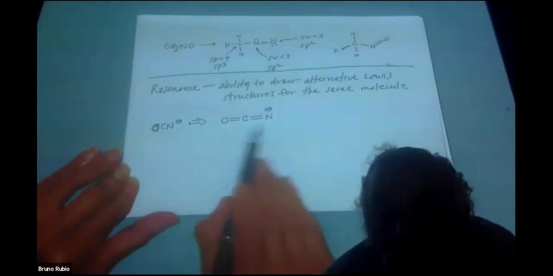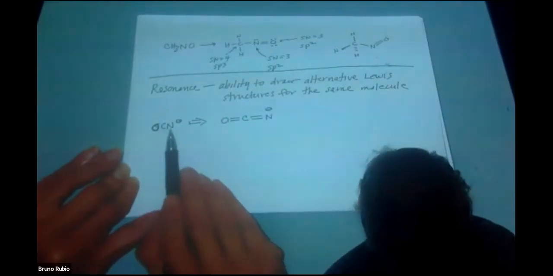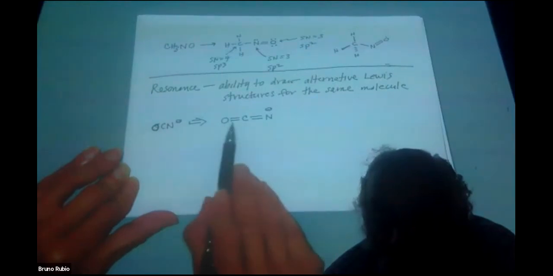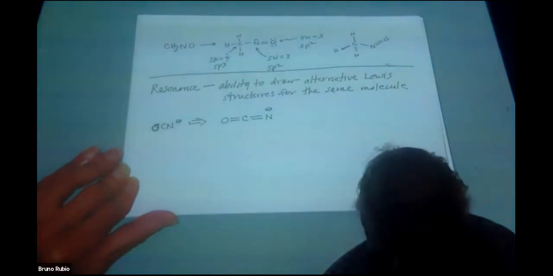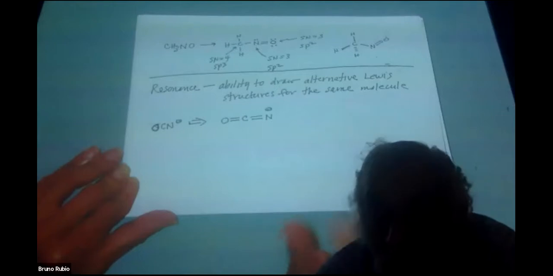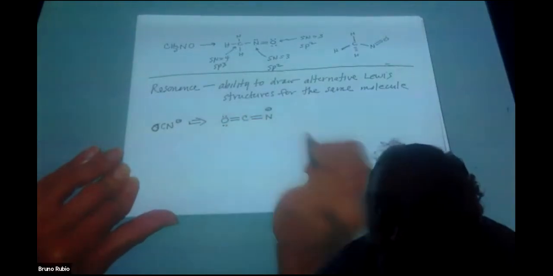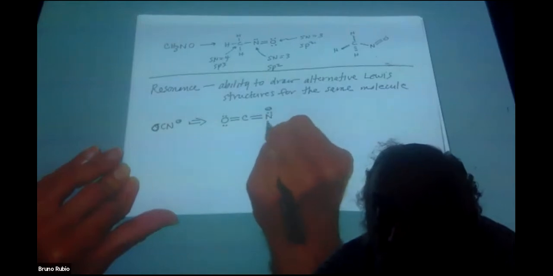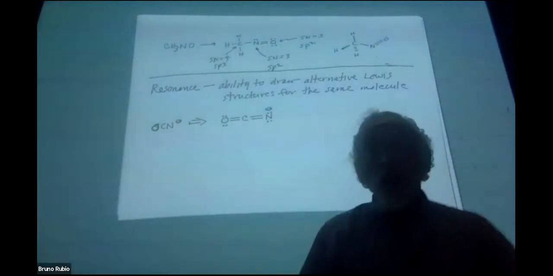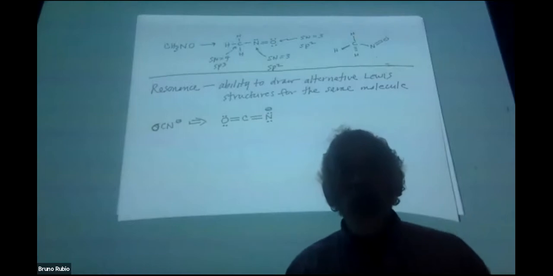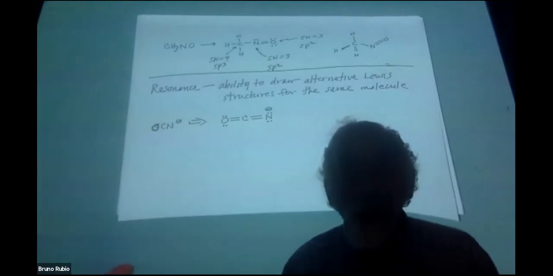So I'm coming up with a Lewis structure of OCN where I've satisfied the valencies of everything based on that table that I gave you yesterday. All right, so now if I wanted to draw in the unshared pairs of electrons, I would come up like that. Okay, so this is a nice Lewis structure. Everything has the right number of bonds. Everything has an octet. Everything has the formal charges represented.